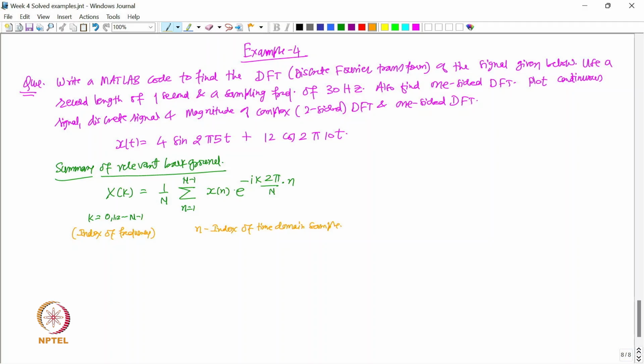The sum starts from n equal to 0 to N minus 1.